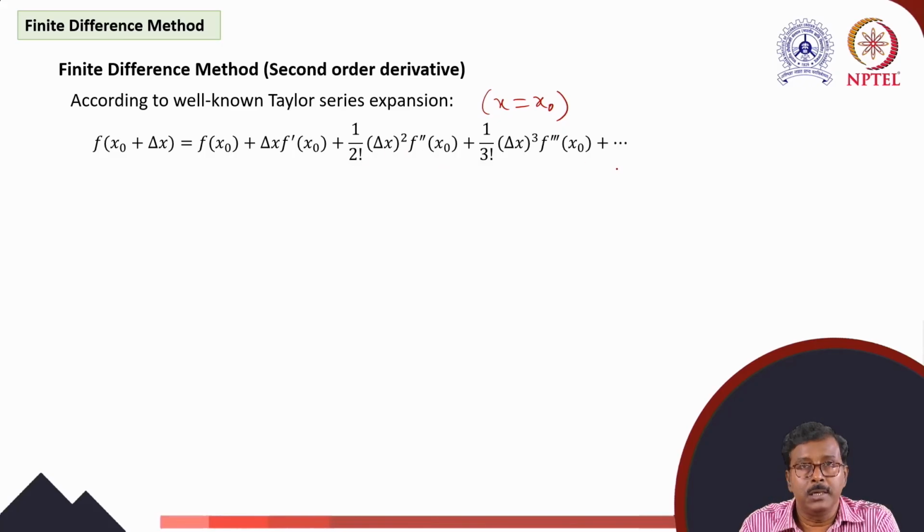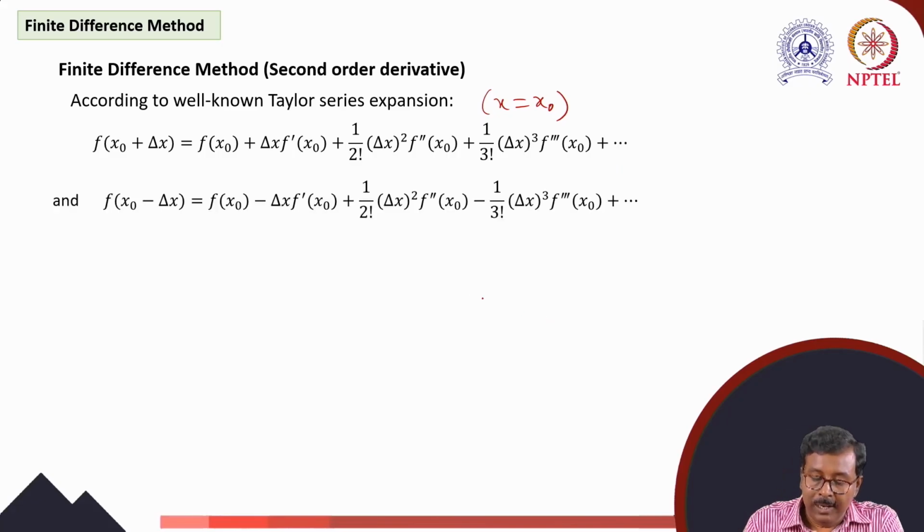In this way it is going on. And x0 minus delta x will be similar, just these terms will be negative: the third term, the 3 factorial term, will be negative, the next is positive, then again the term associated with 5 factorial will be negative. In this way it is going on.